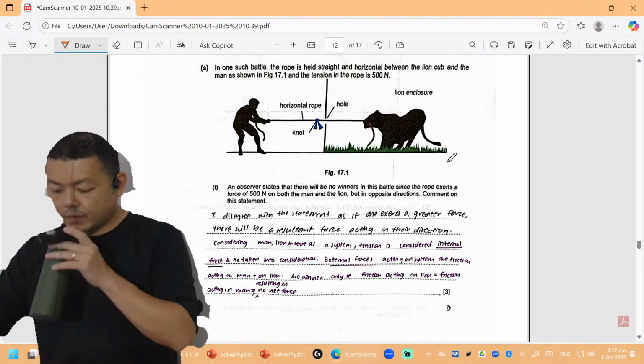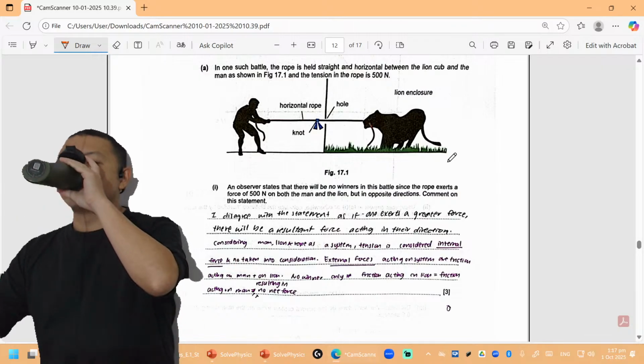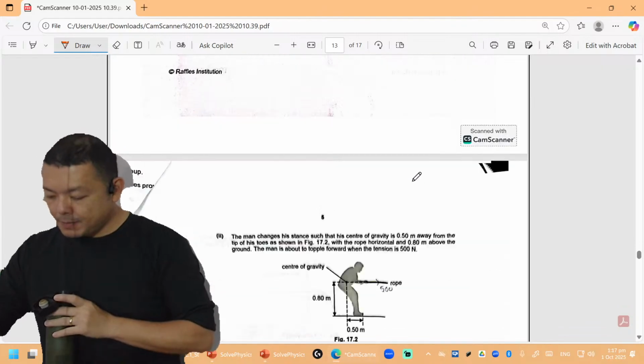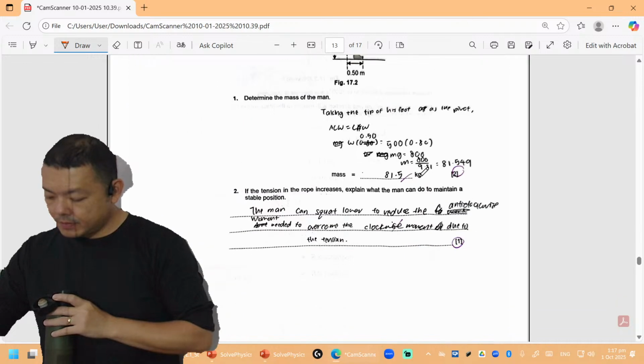What's this next one? Part B, is it? This one here?